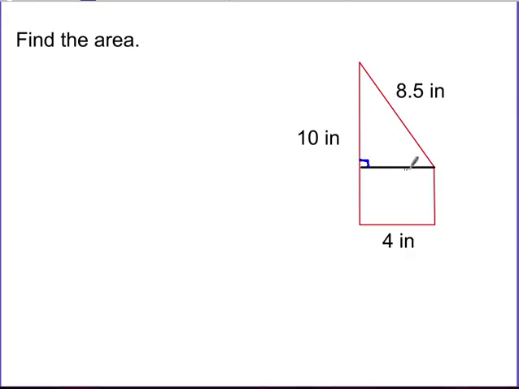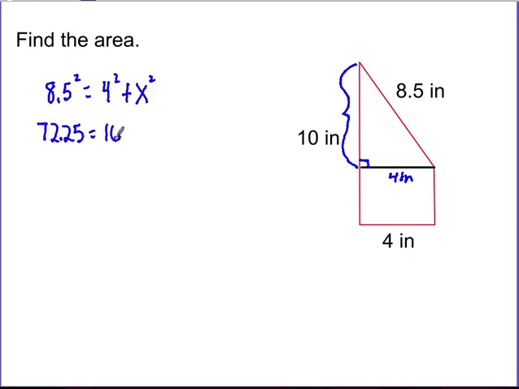We know that this height is 4 because it's got to be the same measurement as this. And so since that is 4 inches, now we can use the Pythagorean theorem to find this part of the long base. So this is the hypotenuse, 8.5 inches. So we'd have 8.5 squared equals 4 squared plus that unknown distance here, x squared. 8.5 squared is 72.25.